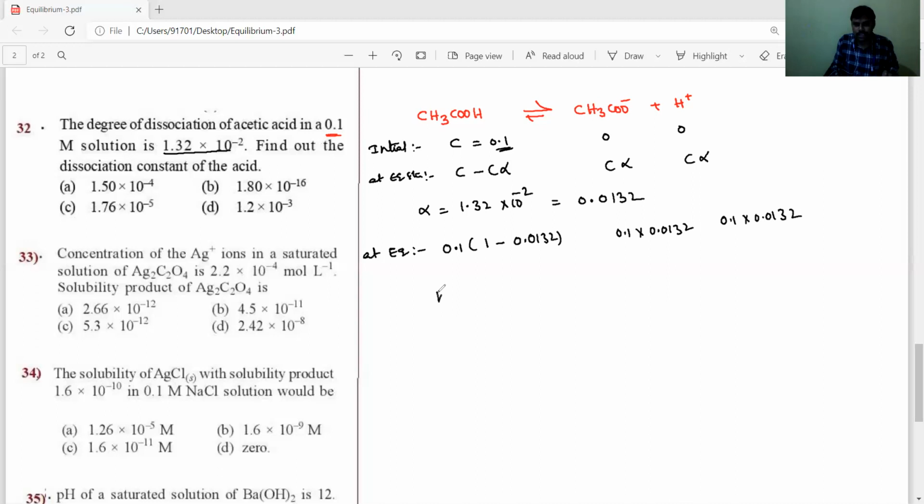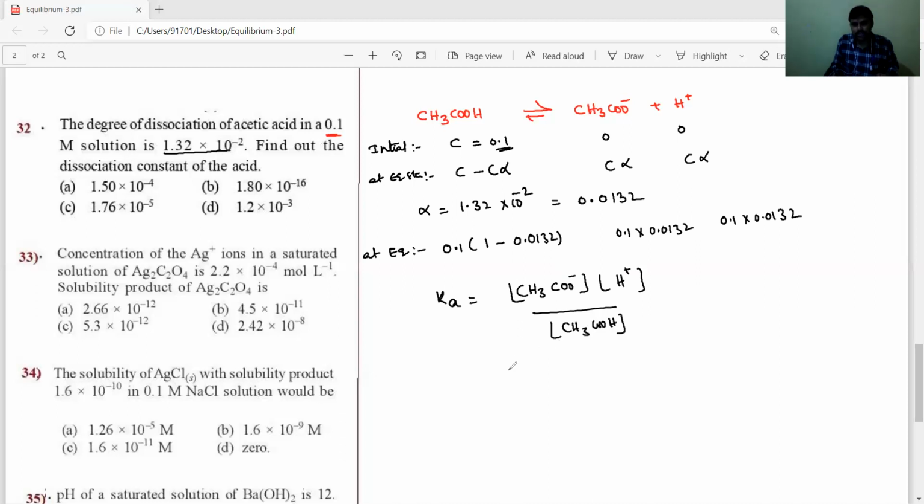Now the acid dissociation constant Ka is equal to the concentration of acetate ion into the concentration of H plus ions by the concentration of acetic acid.